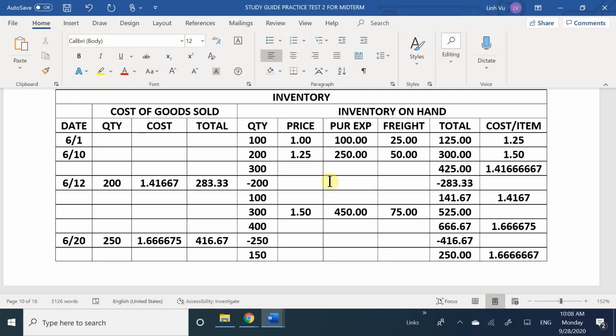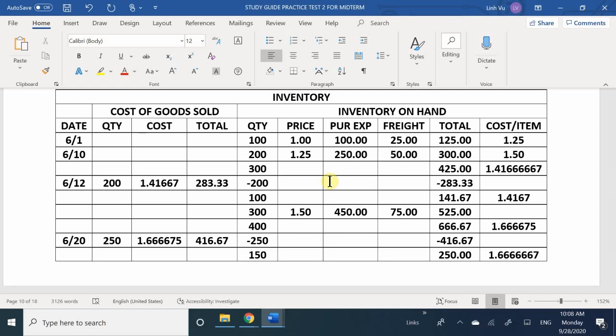We need to calculate that, update our inventory, and then recalculate a new average cost per item. So that's why it's called moving average as opposed to weighted average, where you're just taking the whole total cost and dividing it. This is similar to weighted average, except every single time you make a purchase and every time you make a sale, you're updating it constantly.